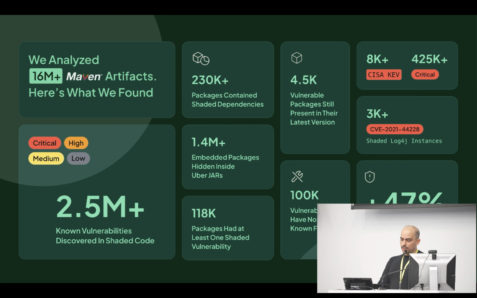The amazing part that we discovered is that there are a lot of vulnerabilities hidden inside. More than 2.5 million vulnerabilities. You can see here that there are nearly 5,000 vulnerable packages that are still vulnerable in the latest version, which means there is no fix available for them.